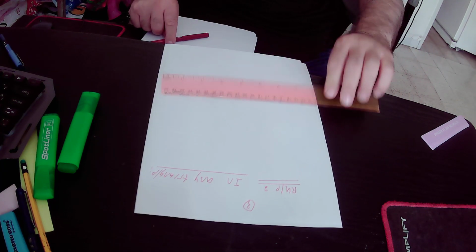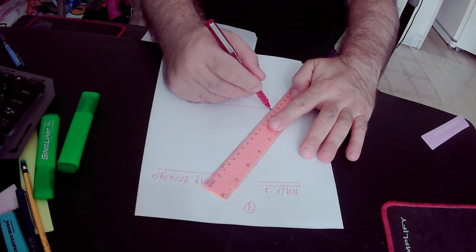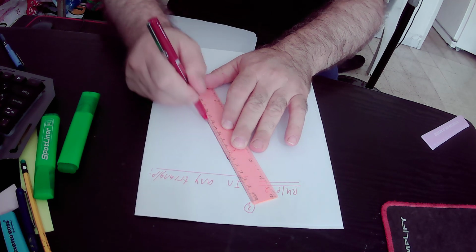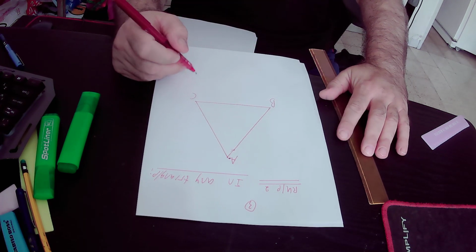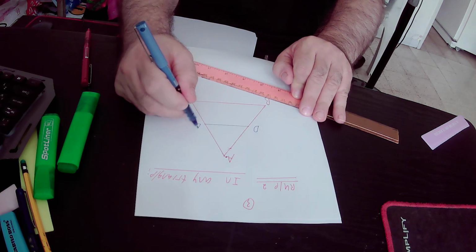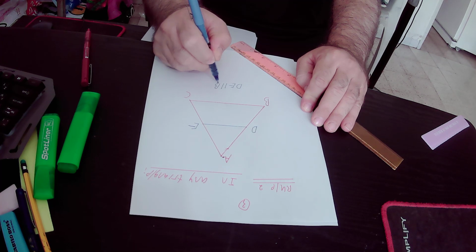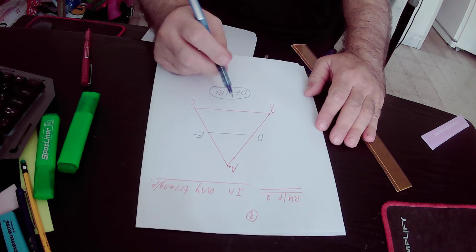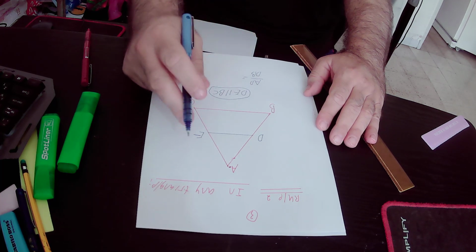So if we have triangle ABC, that could be any triangle, and we know that line segment DE is parallel to BC, then according to rule number 2, AD over DB will be equal to AE over EC.